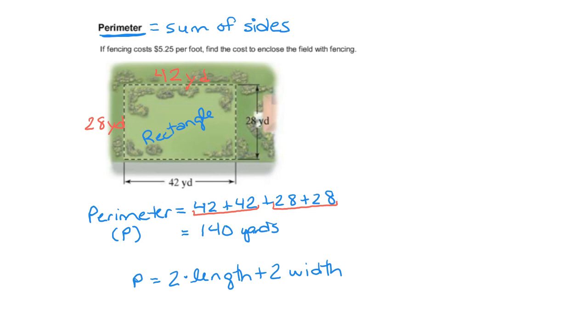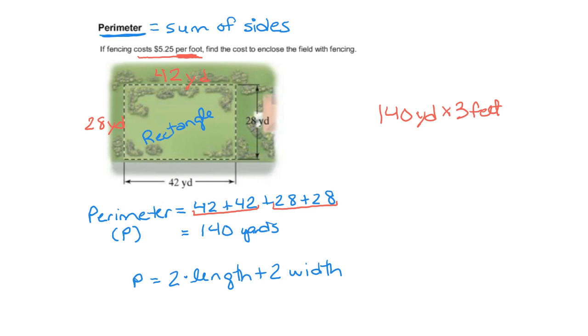The next thing we need to take a look at is that the perimeter is 140 yards. It says in the statement that the fencing costs $5.25 per foot, but our measurement is in yards, so we need to convert that. So we're going to take the 140 yards of fencing and multiply this by 3 feet.